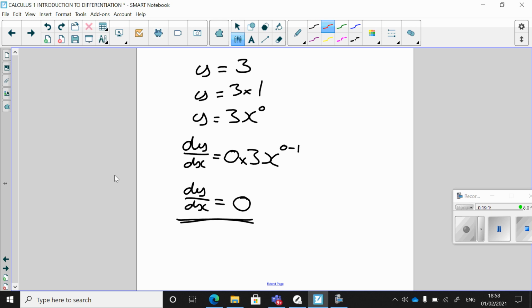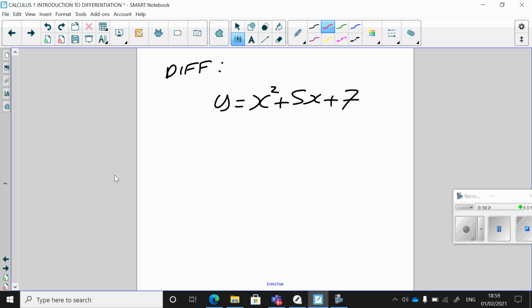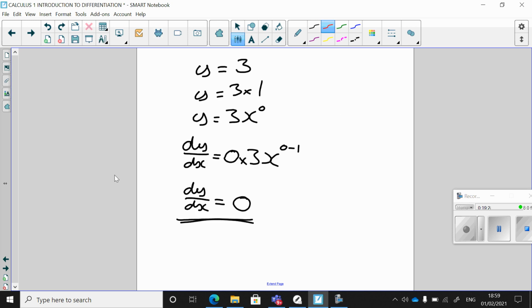So see the top line, y equals 3. That's just a number, what we call a constant. So what you would do in future, just go from y equals 3, its derivative is 0. If it was y equals 17, its derivative would be 0 there.